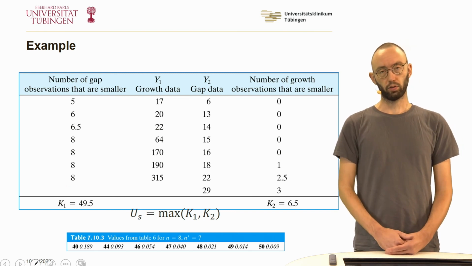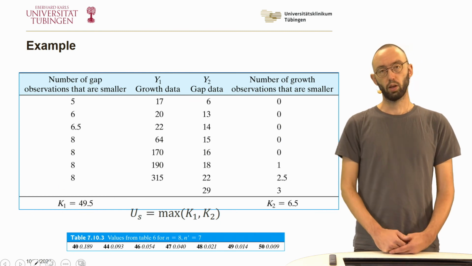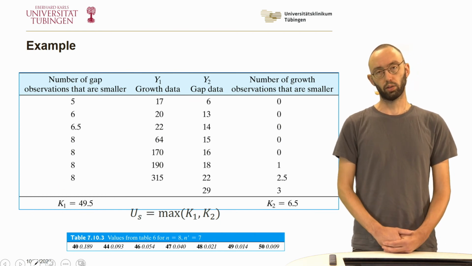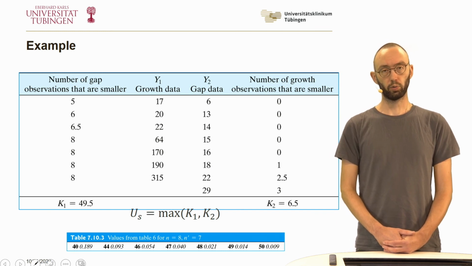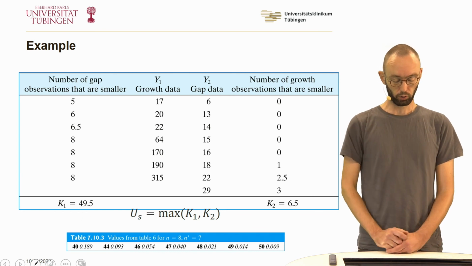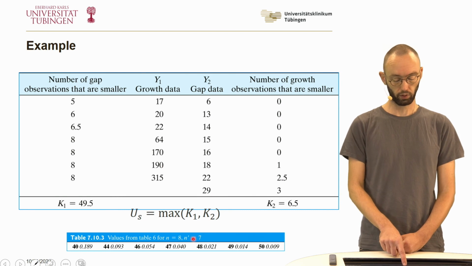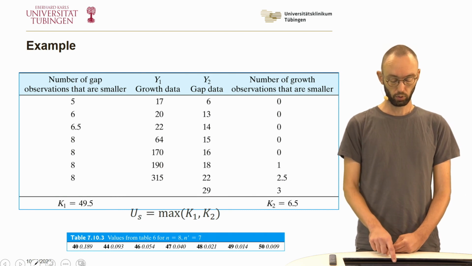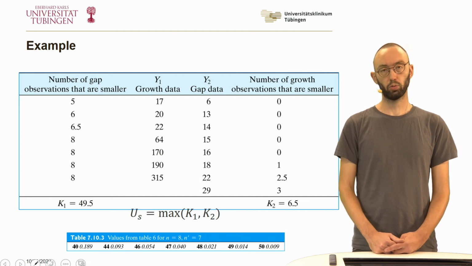In the case of the test, to convert this to a p-value, we can, for example, look it up in a table, in a book, or use statistical software to do so. So we can see that a U of 49.5 for a sample of size 8 and 7 will yield a p-value that is between 0.014 and 0.009.